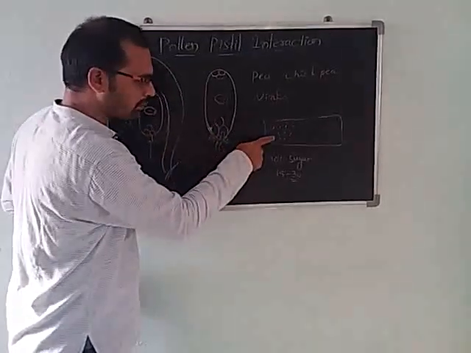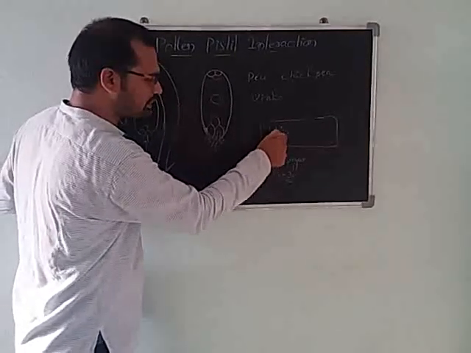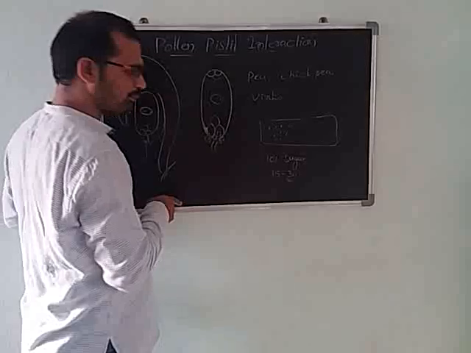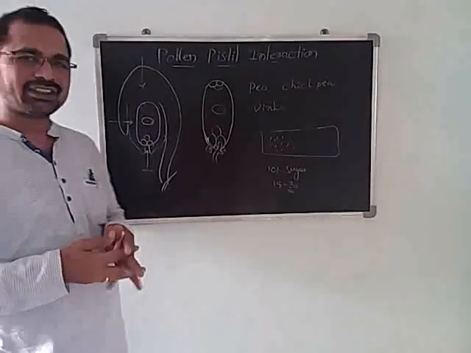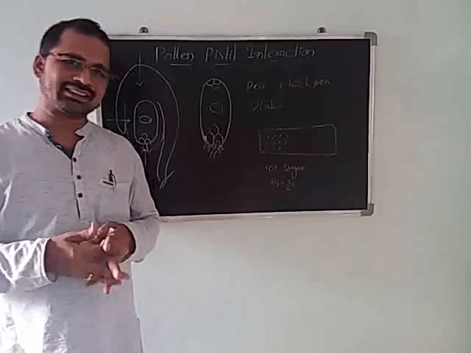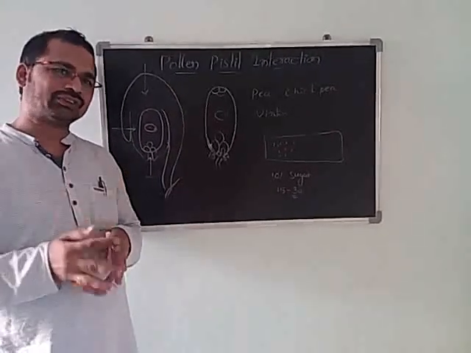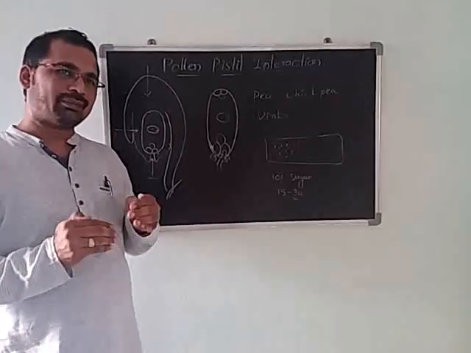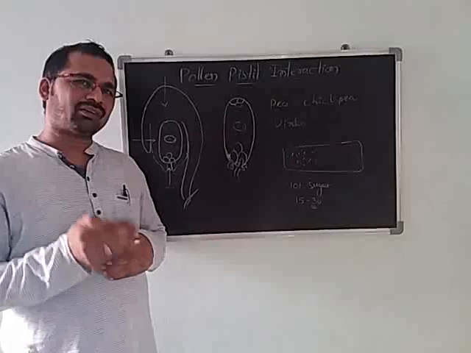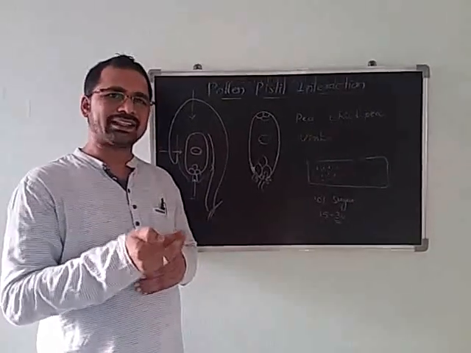Anyway, pollen-pistil interaction is a dynamic process. This dialogue has been worked out by the breeder, and the breeder can manipulate it so that even with the wrong type of pollen grain, desired plants can be produced.